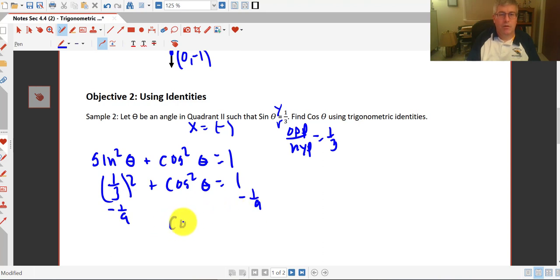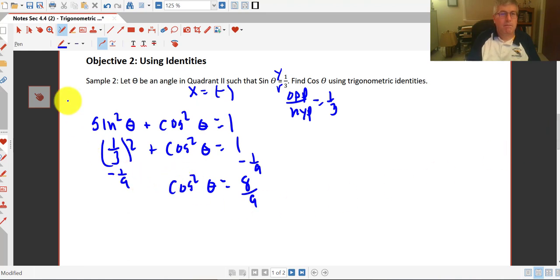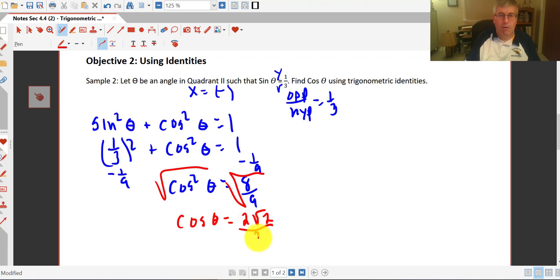And I get cosine squared theta equals 1 minus 1/9, which is 8/9. I want to find the cosine, so I'm going to square root both sides. I get the cosine of theta equals the square root of 8 over the square root of 9, or 2 square root of 2 over 3.